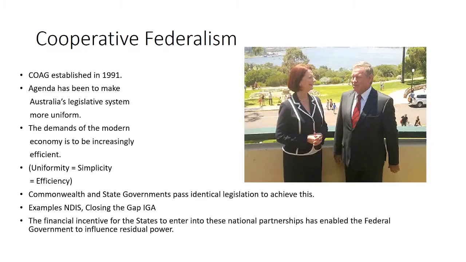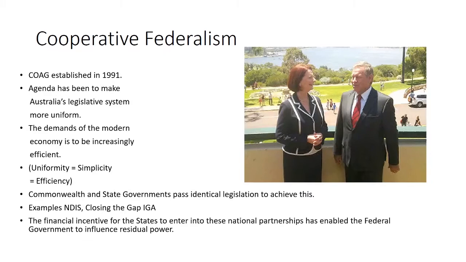Now, the question is, why are the states willing to come to the party here? Why are they even entertaining making their laws less unique, given the idea of federalism in the first place is that the states retain their own identities, their own autonomy, and can, legally speaking, go off in their own directions?